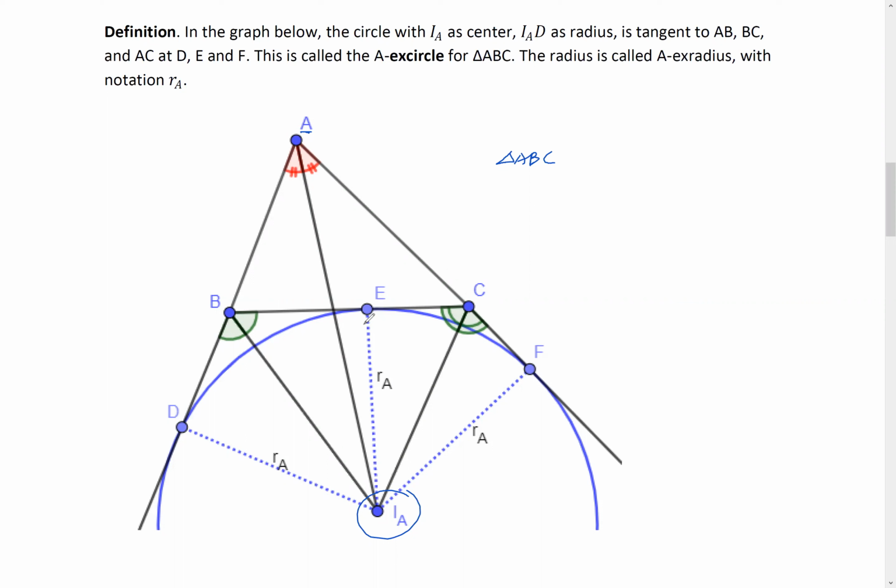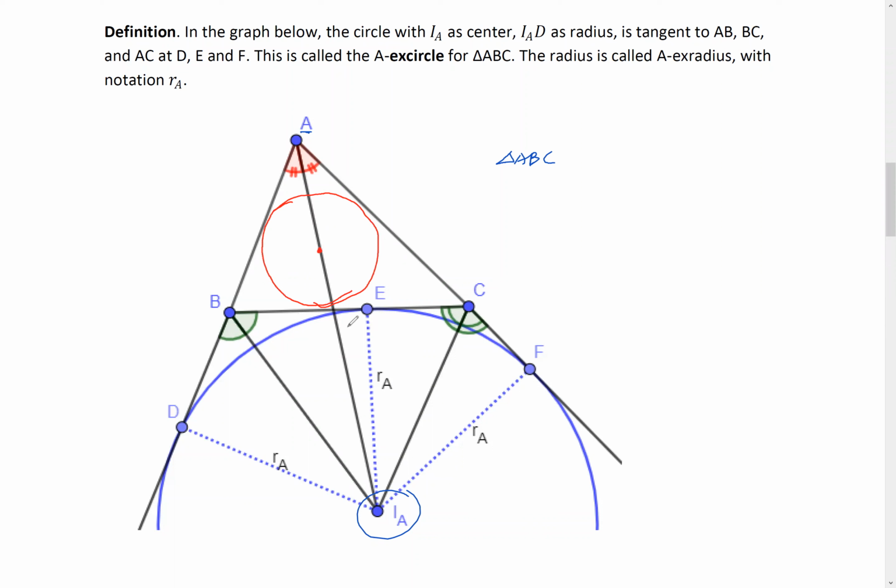Interesting. What kind of circle is tangent to all three sides of a triangle? We have seen one before, something called an incircle with the incenter as the center. You can draw a circle like that, right? The inscribed circle. That circle is tangent to the three sides.